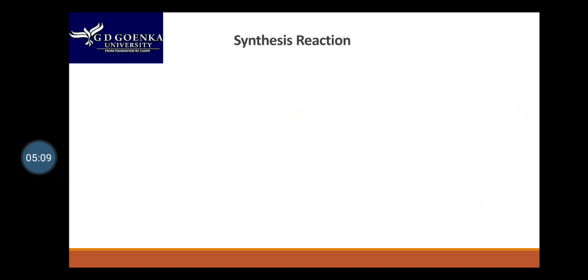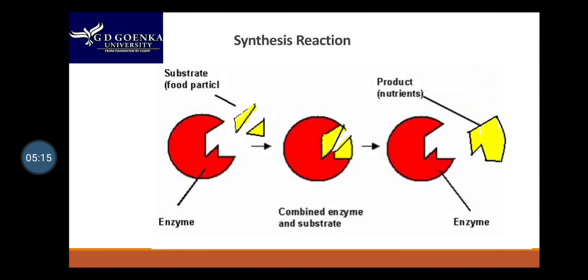Let's talk about the synthesis reactions which take place with the help of enzymes. Here again we see the enzyme, which is the red structure, and another is the yellow substrate, which is two small molecules. These small molecules, the substrate, will bind with the active site of the enzyme.